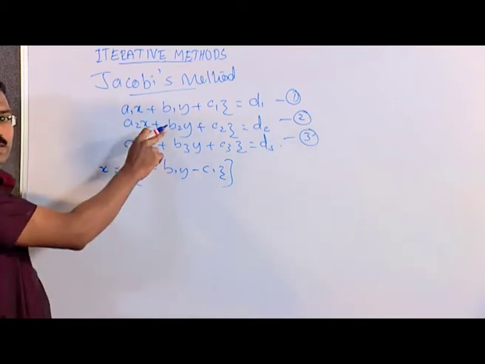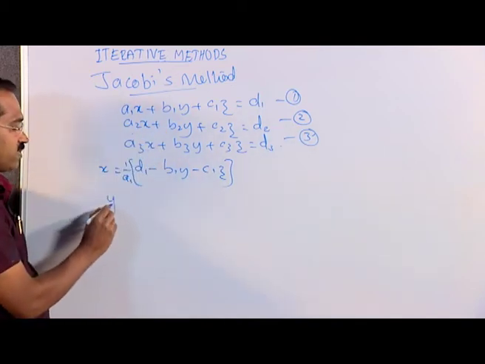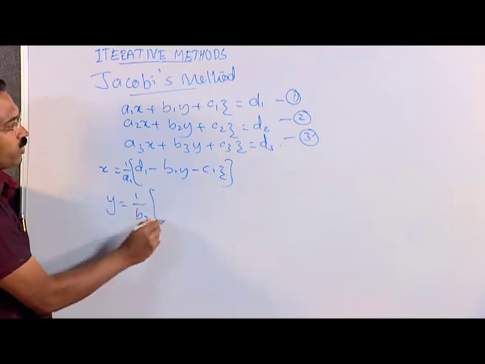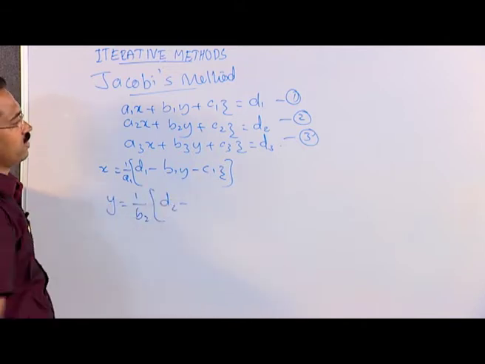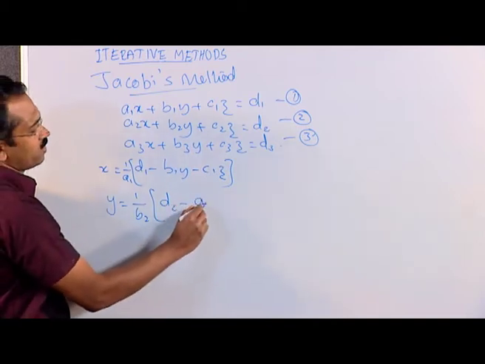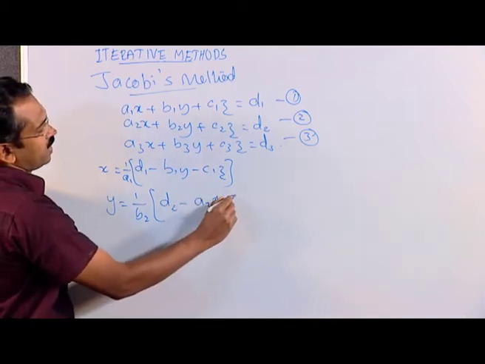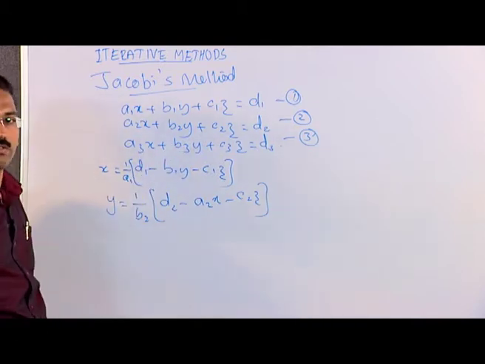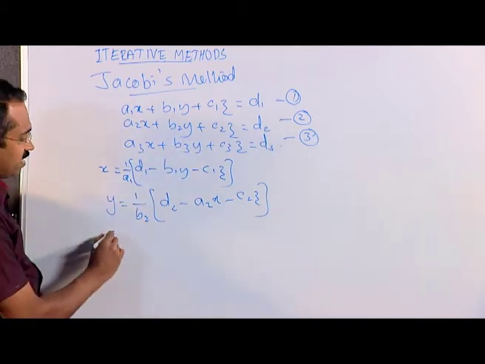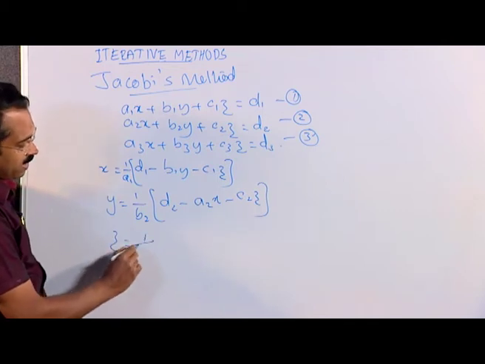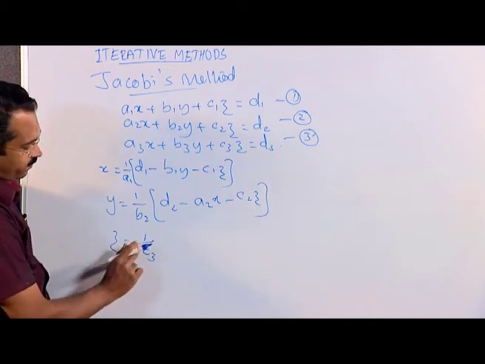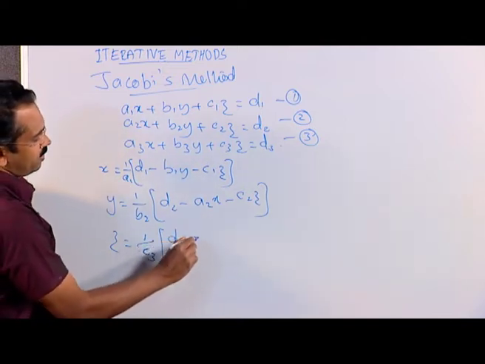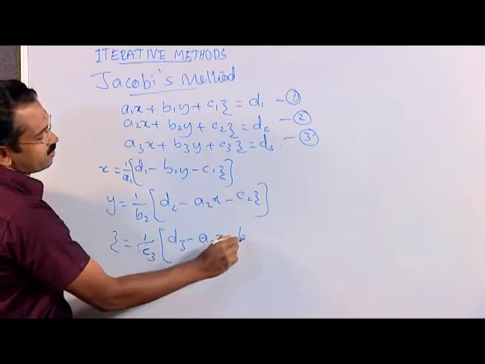From the second equation, we can write y is equal to 1 by b2 into d2 minus a2x minus c2z, and from the third equation, we can write z is equal to 1 by c3 into d3 minus a3x minus b3y.